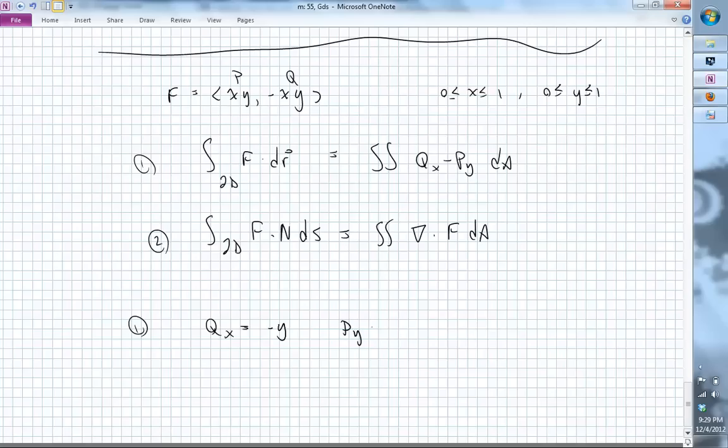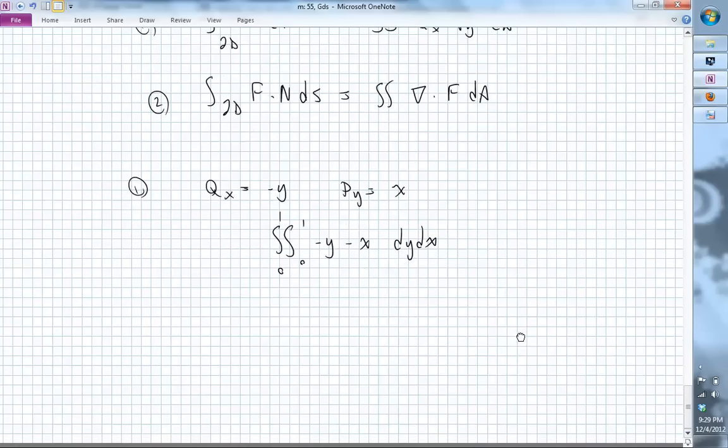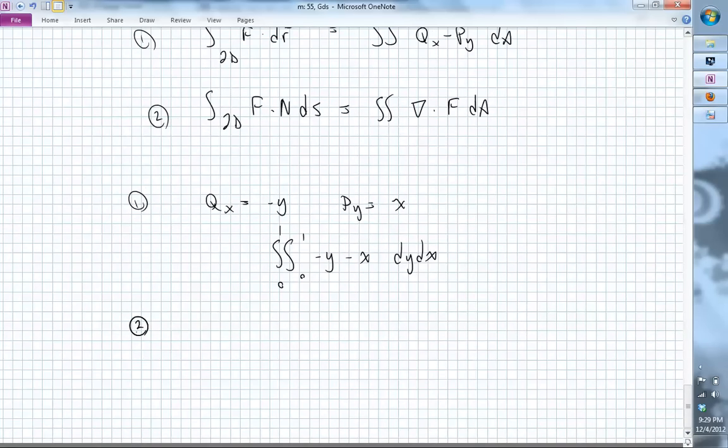Py is x. Okay, so then we get the double integral, 0 to 1, 0 to 1, of Qx, which is negative y, minus Py, which is x, and then it's just dy dx or dx dy, however you want to do it. And then I'll leave that integral to you.